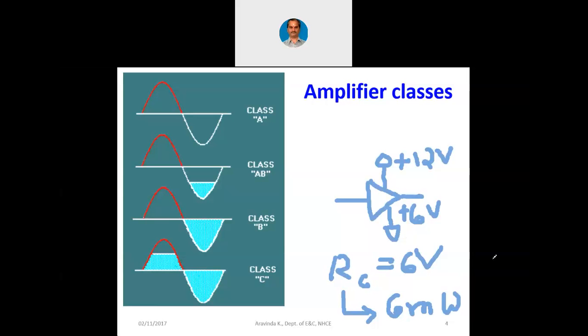Take for example. Now, this we say is a static power dissipation, in the sense that whether the AC signal is present or not, the amplifier is powered by DC, and this is called static power dissipation. When an AC signal is applied, what is going to happen? Let me write it clearly.